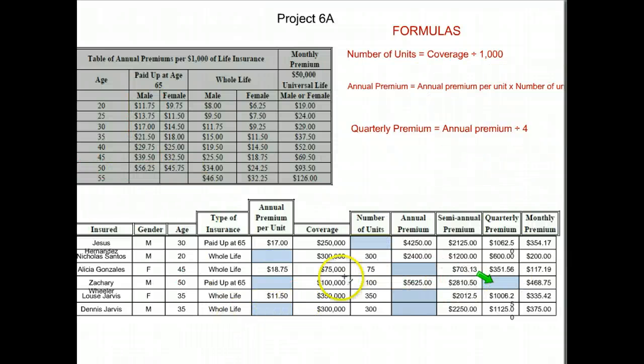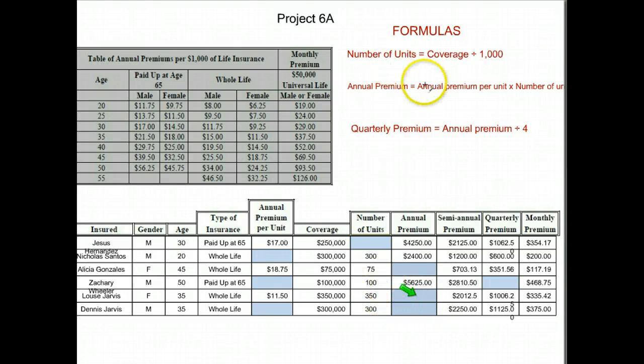So on the previous one, we filled in all of these top lines. We're now on the last 2 lines. So this one, Louise Jarvis, they give us her age and gender, what type of insurance. They found the number in the chart for us. They told us the coverage amount, so that's 350 units. They want to know the annual premium.